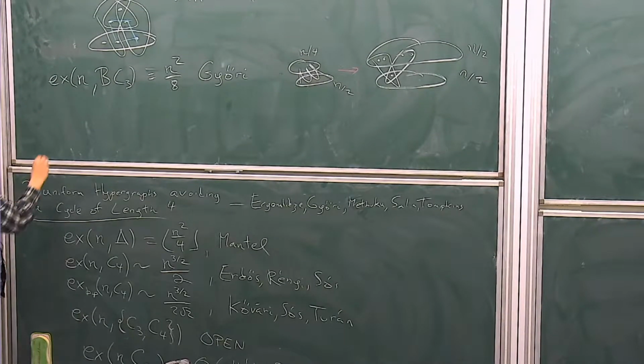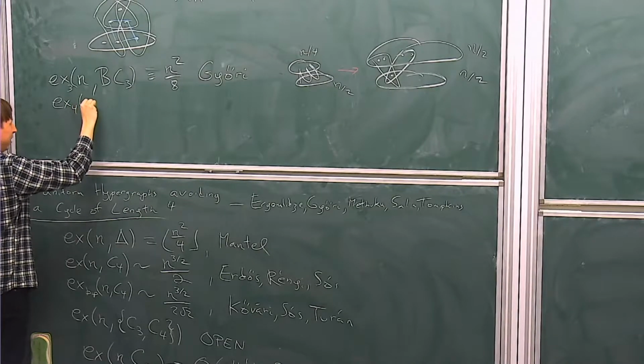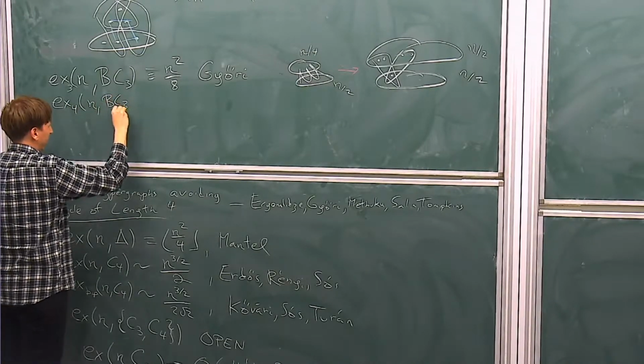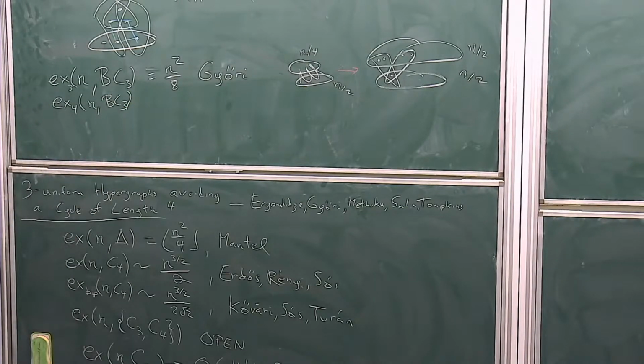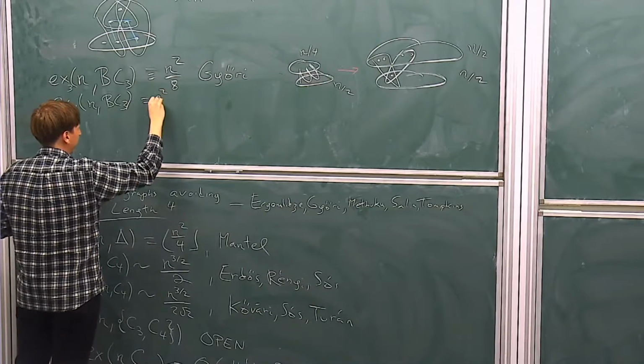So, let me write a 3 here to denote that I'm talking about the 3 uniform case. Actually, Győri's result simultaneously also proves the 4 uniform case. So if we consider Berge triangles in a 4 uniform hypergraph, he proved that this is n squared over 16.